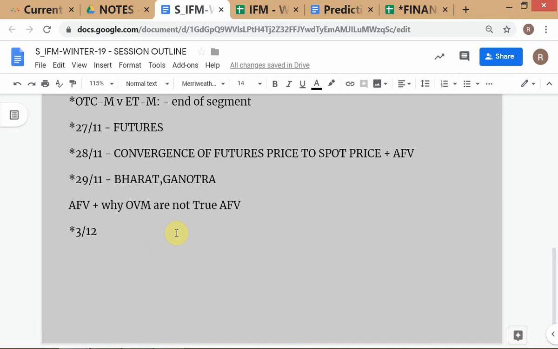Okay, the other point that we are going to do is basically a generic valuation model, which applies to everything. Let's call it an asset valuation, but you can use it for liabilities also.